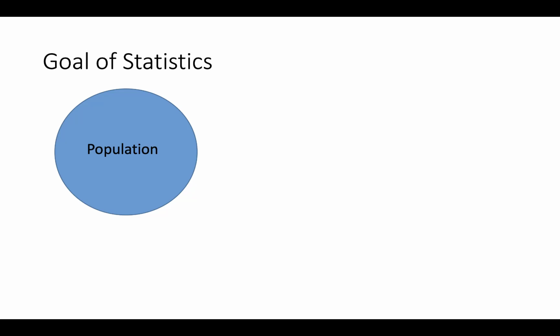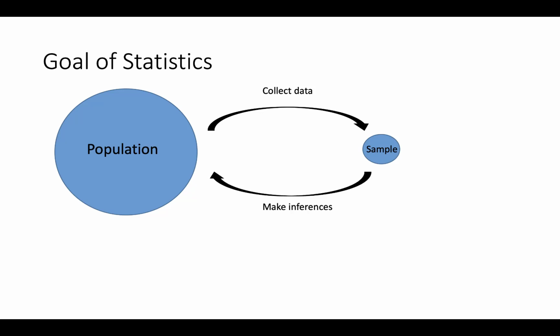However, in many cases it would be unrealistic to get information from all of those students. Therefore, what we do is we collect data, which will be called our sample. And a sample is, in most cases, a very small subset of your original population. And what we do is we study and analyze that sample in hopes of making inferences about the original population in which we were interested.